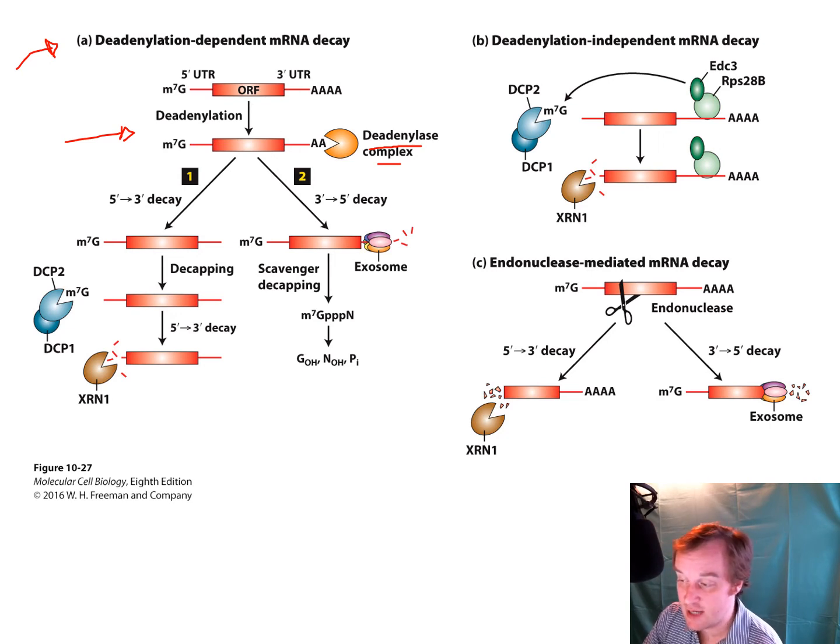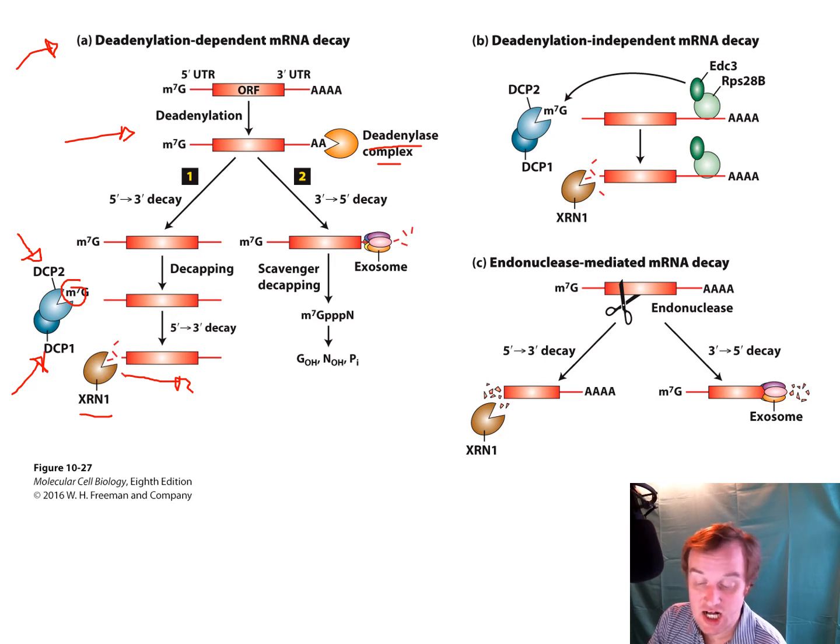And once that happens, the mRNA can be decapped by this complex of DCP2 and DCP1. As you can see here, this cap has been removed from the mRNA, and then XRN1, which is an exonuclease, comes in and it starts to chew away and break apart this mRNA.